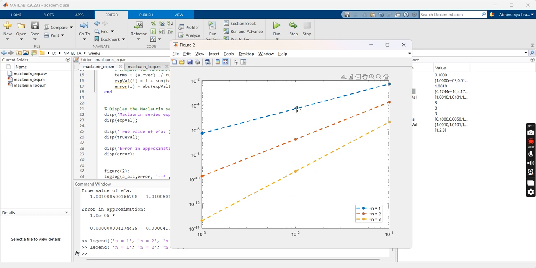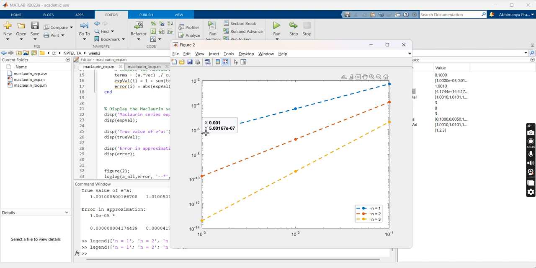So as we decrease the a value, the first point is for h is equal to 0.1, then 0.01, and 0.001.